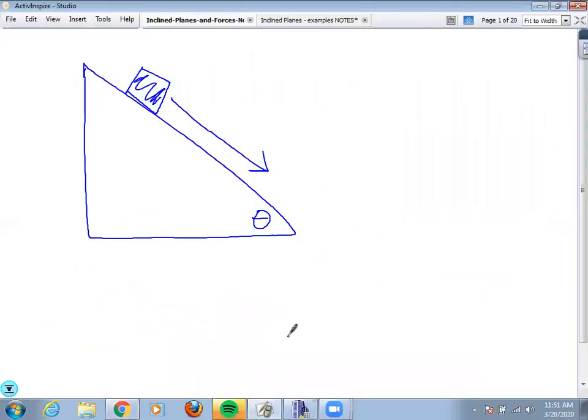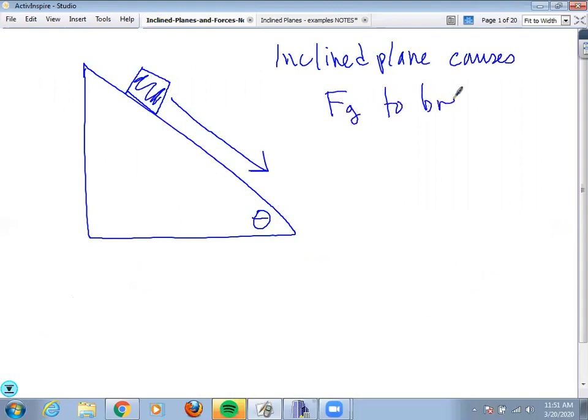An inclined plane causes FG to break into components. We call the first component FG parallel.